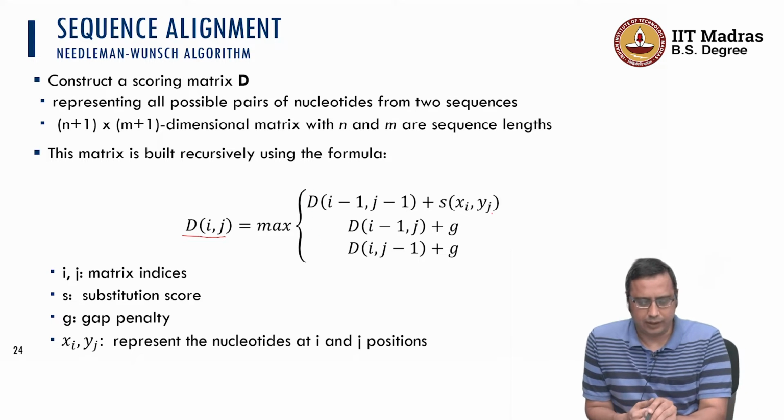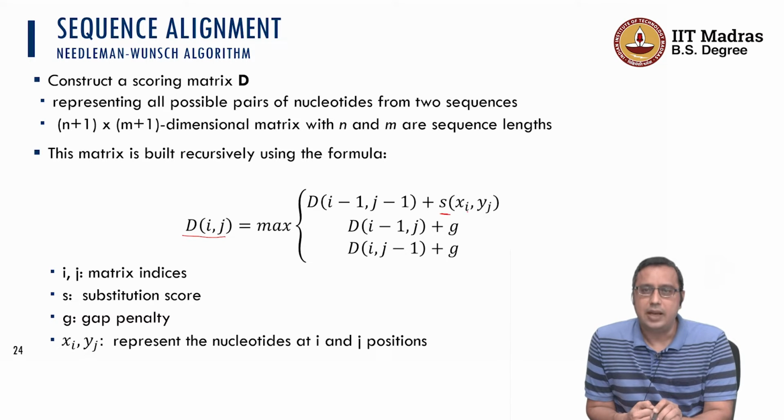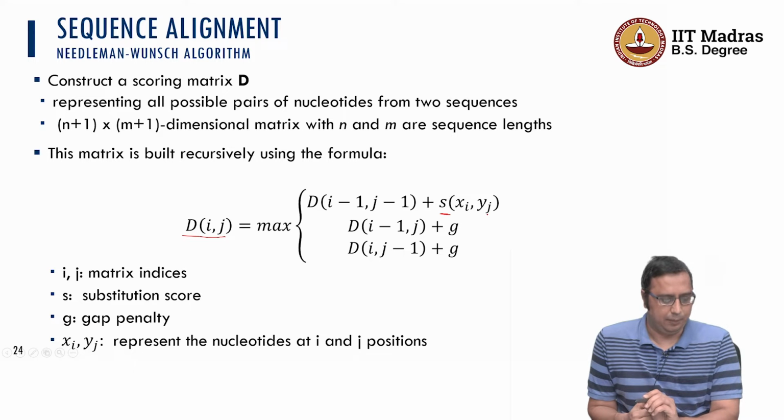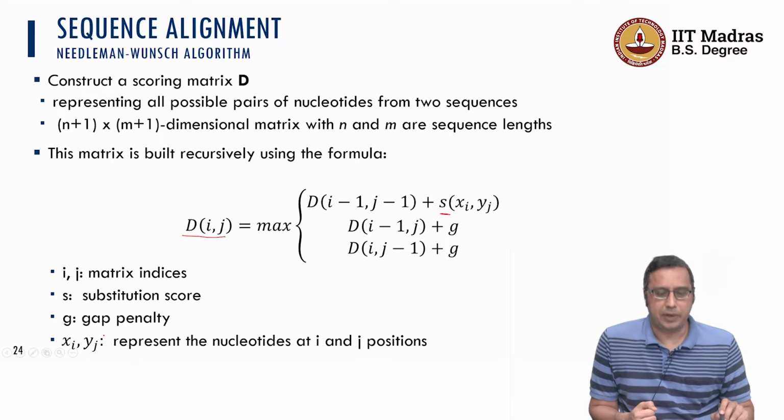Here, if you look at it, S is a substitution score, which is computed based on the X_i and Y_j elements. X_i and Y_j represent the nucleotides at the ith and jth positions. We will discuss what position means in the matrix. And G is the gap penalty.